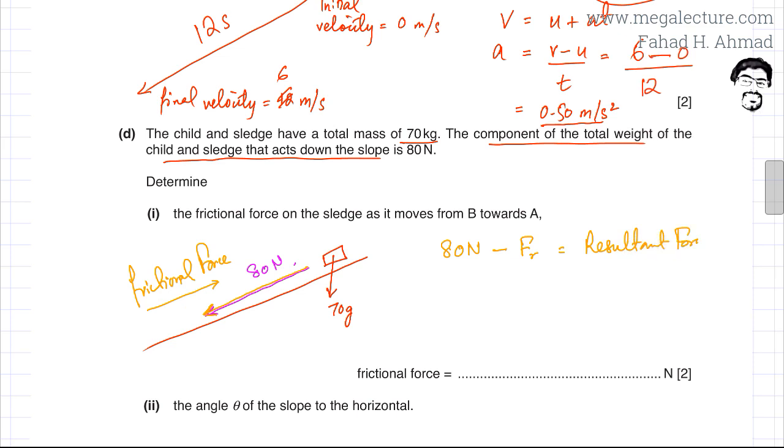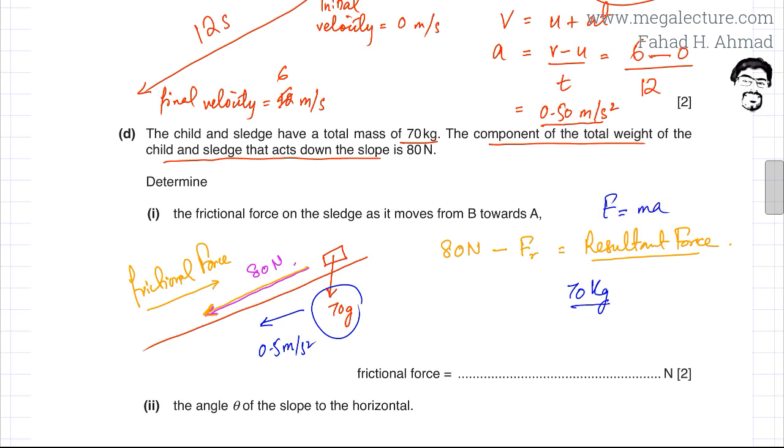on the sledge. This net resultant force can be calculated because I know the mass of the sledge, which is given as 70 kg, and I know the acceleration down the slope. The acceleration down the slope, which was also given in the previous part, is 0.5 meters per second square. So F is equal to ma.